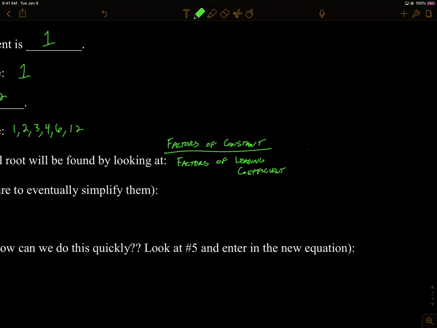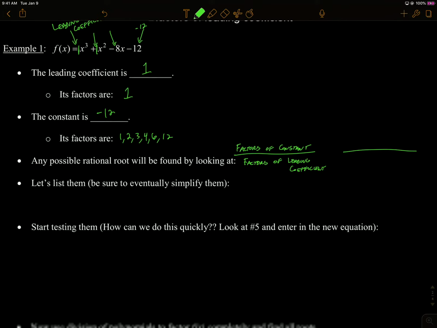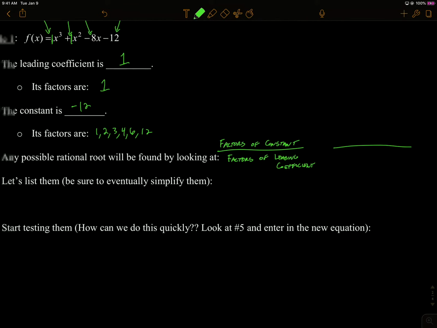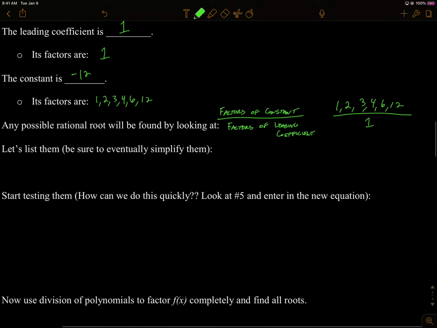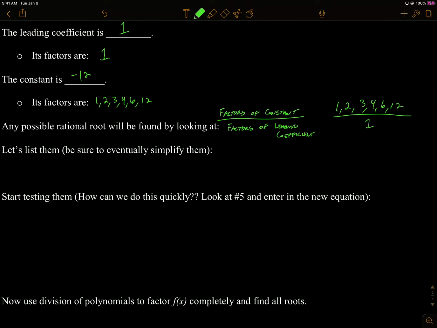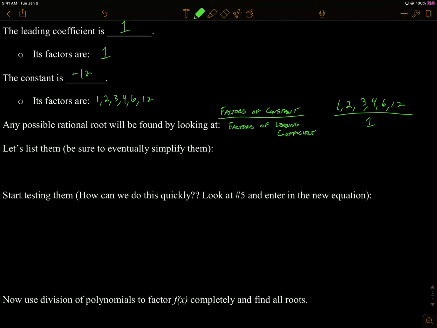Okay, so the factors of the constant are 1, 2, 3, 4, 6, and 12. The factors of the leading coefficient are 1. So I make all the possible different combinations of fractions I can with that. So I can have 1 over 1, which is 1, 2 over 1, 3 over 1, 4 over 1, 6 over 1, 12 over 1.